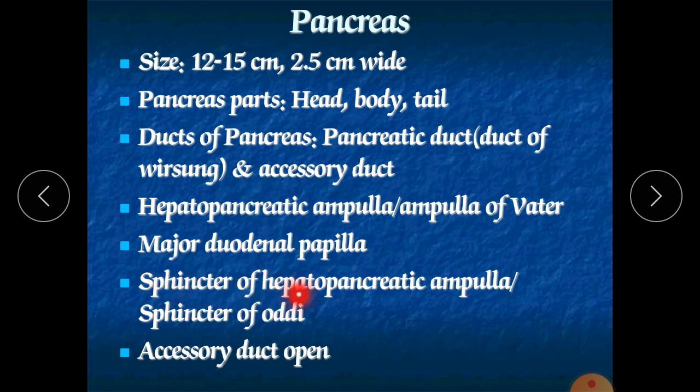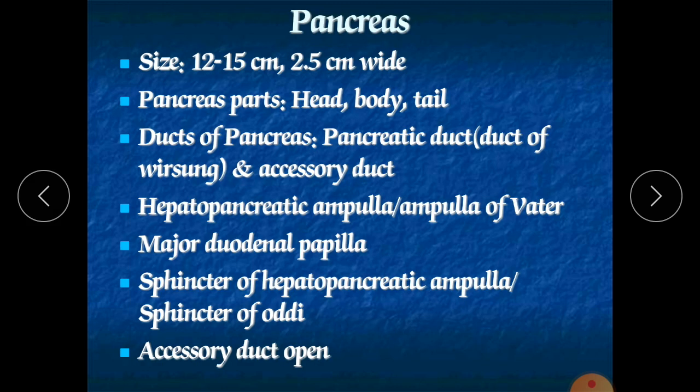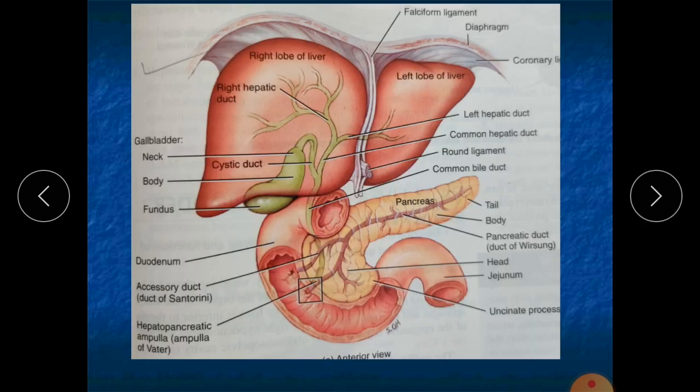Now the sphincter of the hepatopancreatic ampulla. It is called the sphincter of hepatopancreatic ampulla. It is also called the sphincter of Oddi. So it has both names, hepatopancreatic sphincter or sphincter of Oddi.